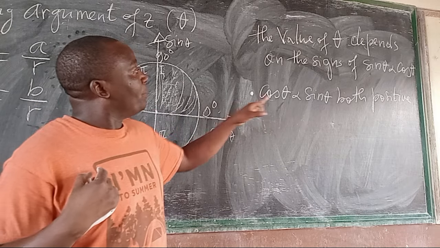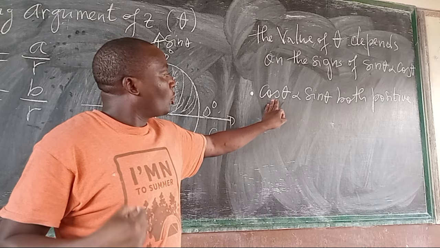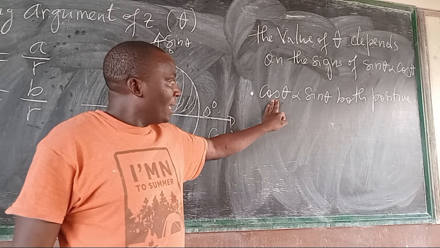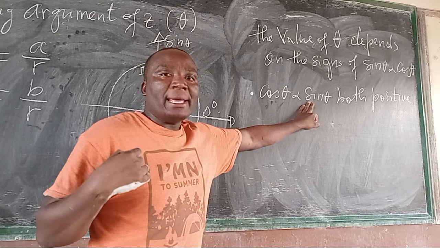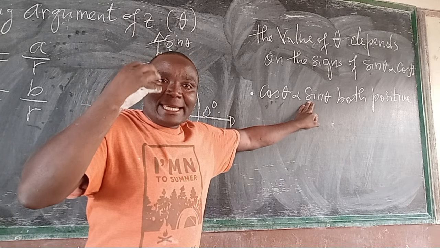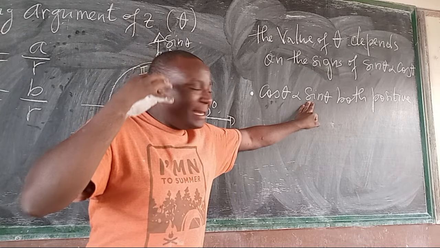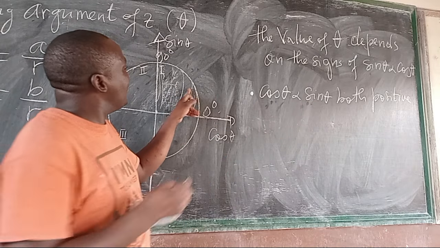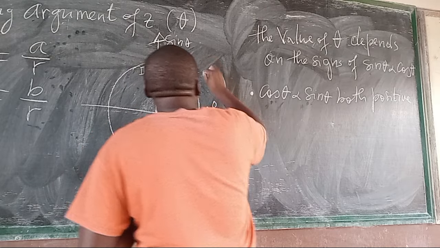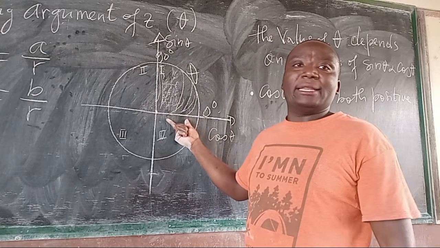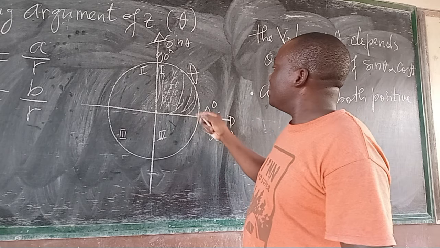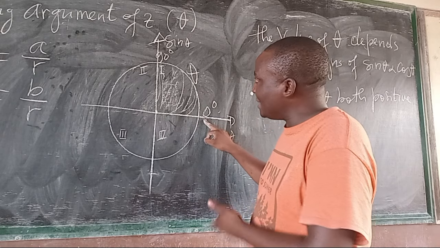If I get a positive value of cosine and a positive value of sine, that indicates my given theta should be located in the first quadrant.